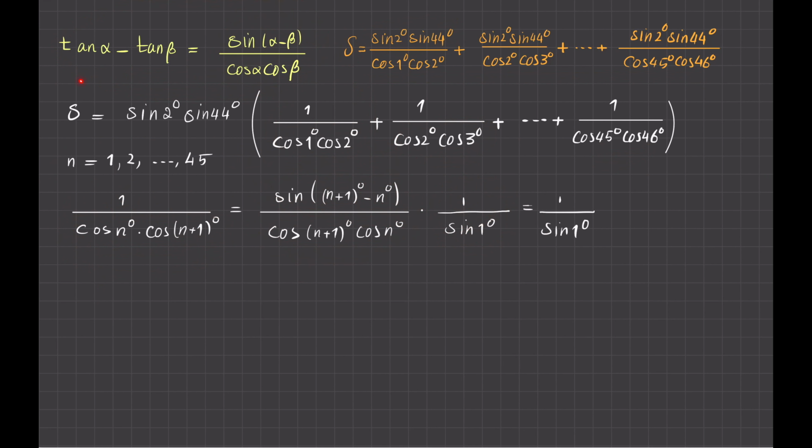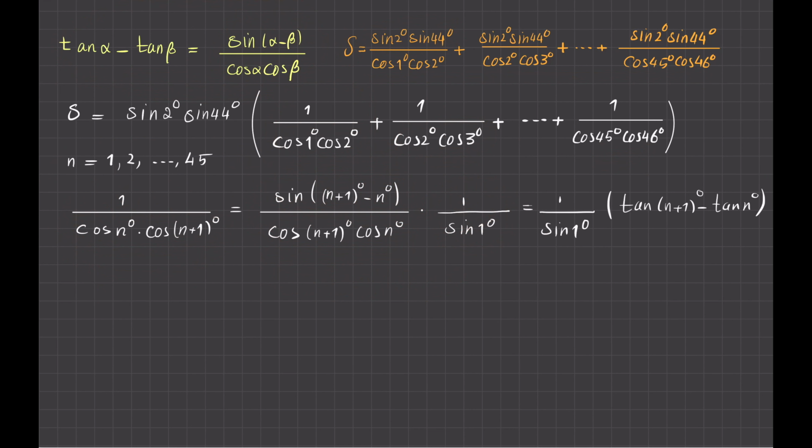Now that we have already proven this identity, I can use its result. So instead of this, I can simply write tangent of the first angle minus tangent of the second angle. Yes, so this becomes tangent of n plus 1 degrees minus tangent of n degrees.